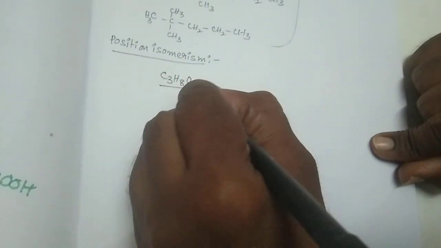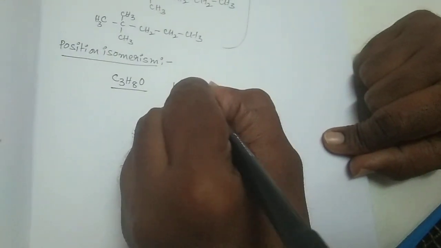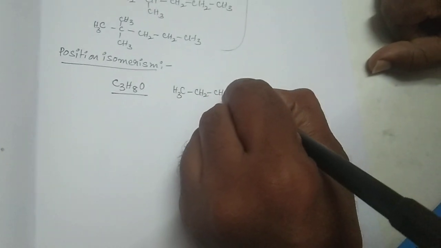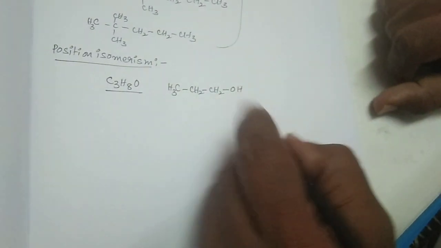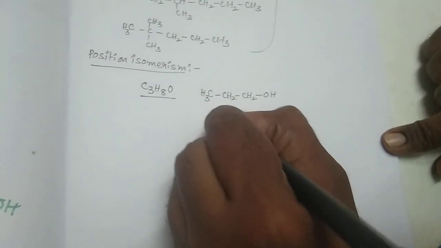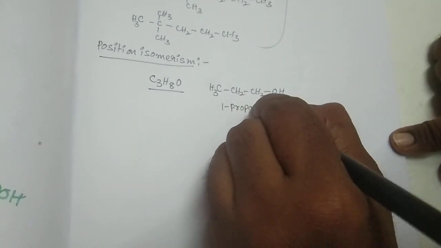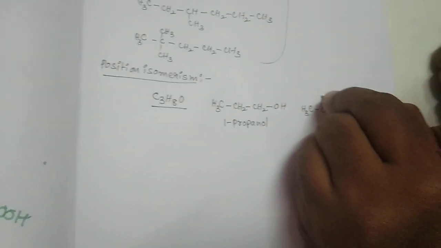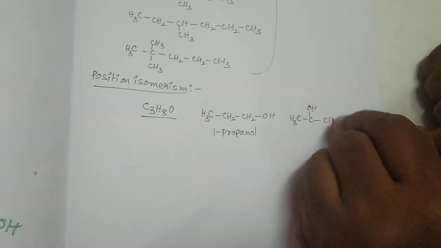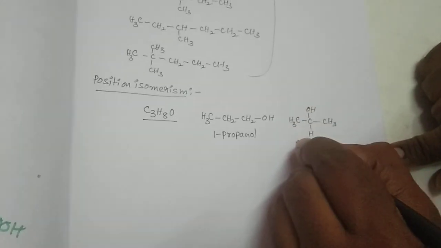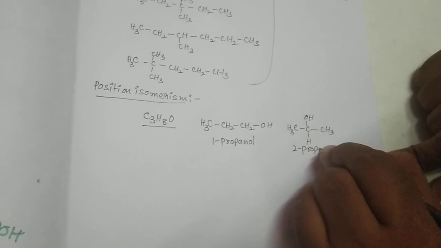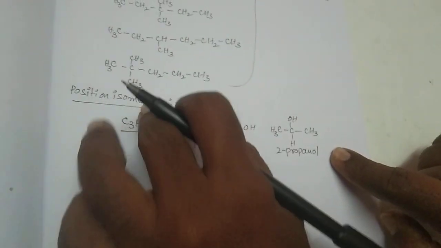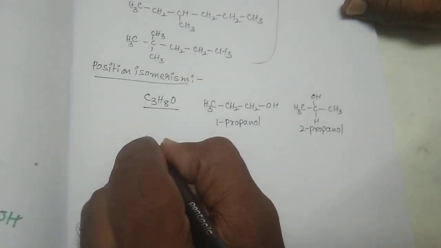Here we will see how it shows different positions of the functional group. This is 1-propanol, and in another one the functional group is on the second carbon, so that is called 2-propanol. So 1-propanol and 2-propanol are position isomers.